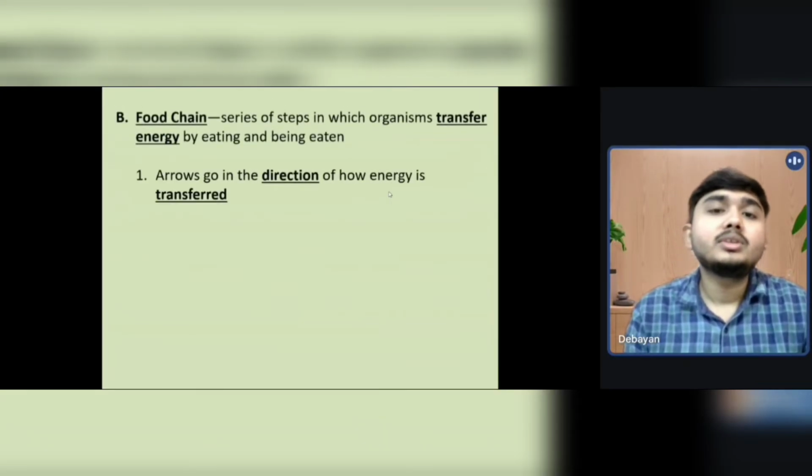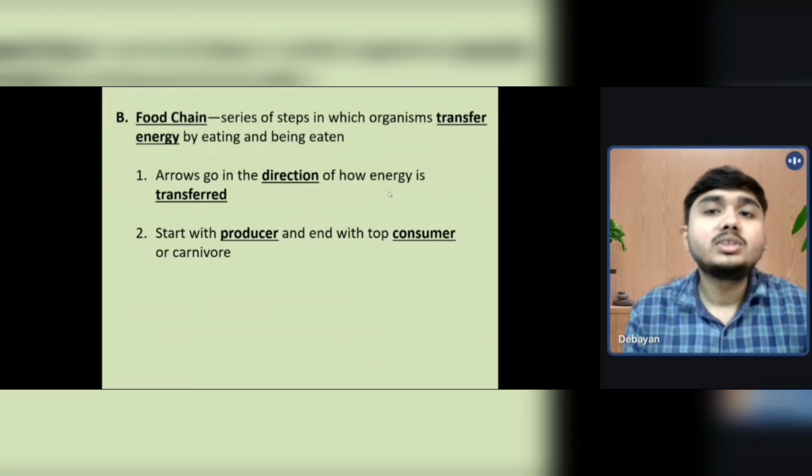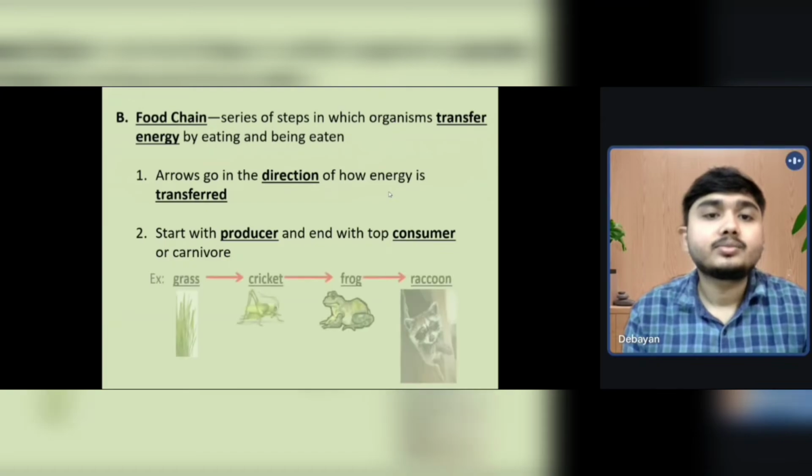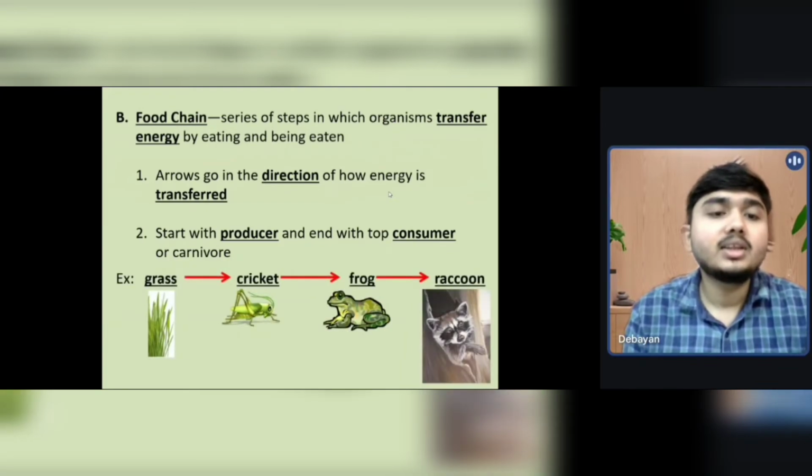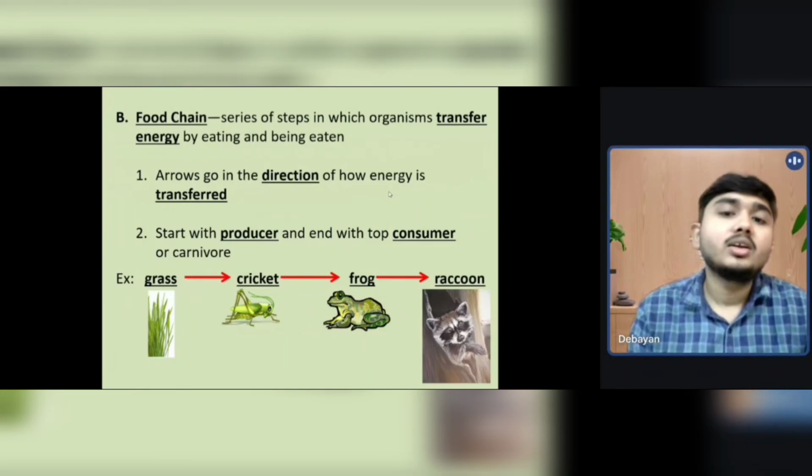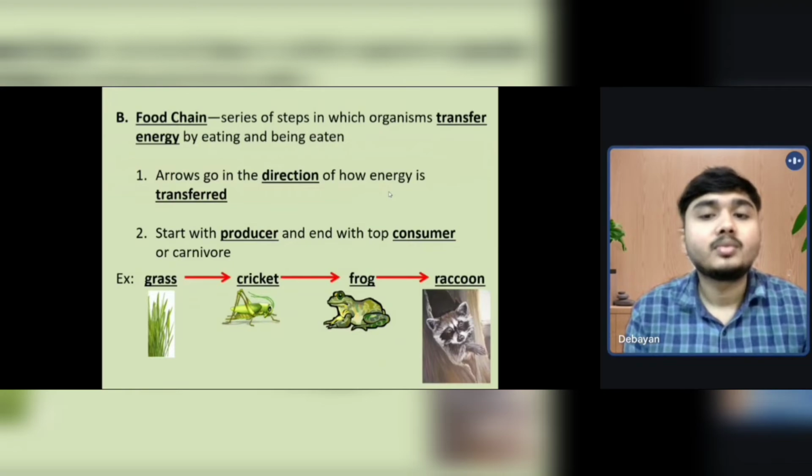Next, a new term is called food chain. A food chain is a series of steps in which organisms transfer energy by eating one another. Here is an example: grass is eaten by cricket, cricket is eaten by frog, and frog is eaten by raccoon.